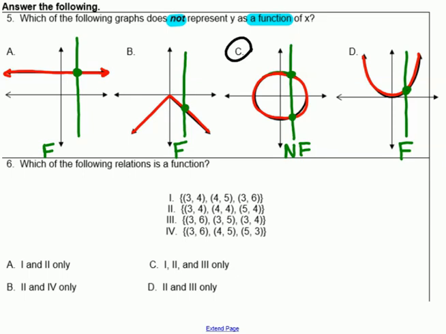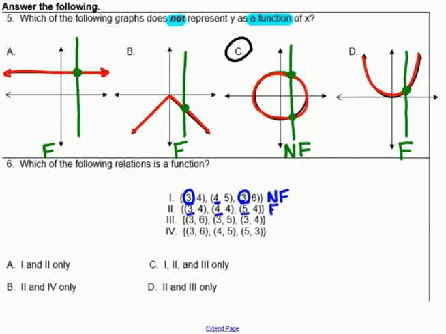Number 6, which of the following relations is a function? Once again, to determine that, we look at our x values. In number 1, we have x values of 3, 4, and 3. Because this x value 3 repeats, number 1 is not a function. Number 2, we have x's of 3, 4, and 5.